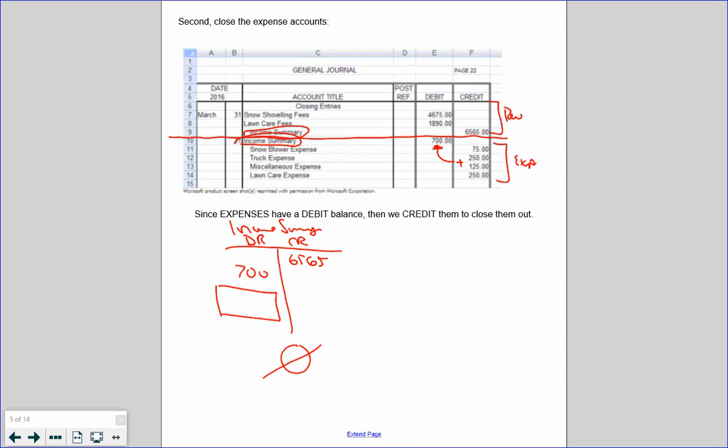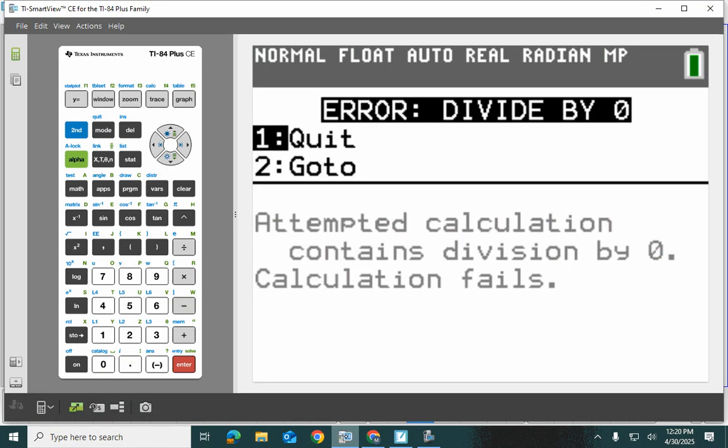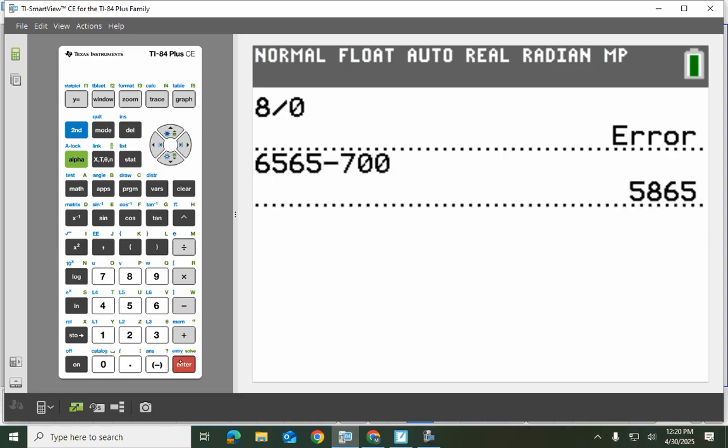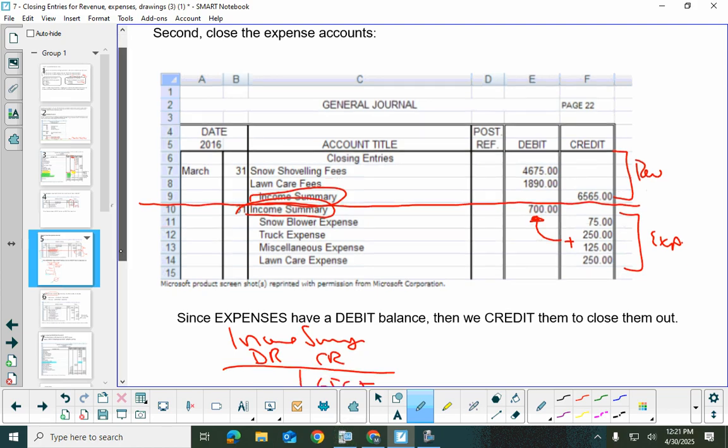To figure out that number, I'm going to subtract these two, right? Because one's in the credit column, one's in the debit column. So if I go 65.65 minus 700, I get 58.65.